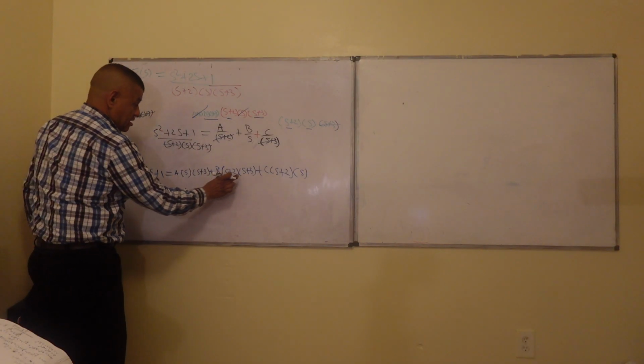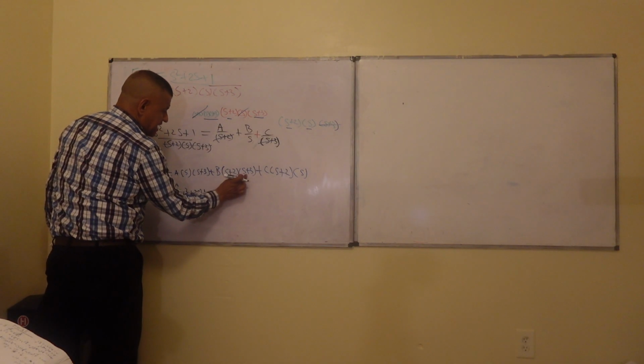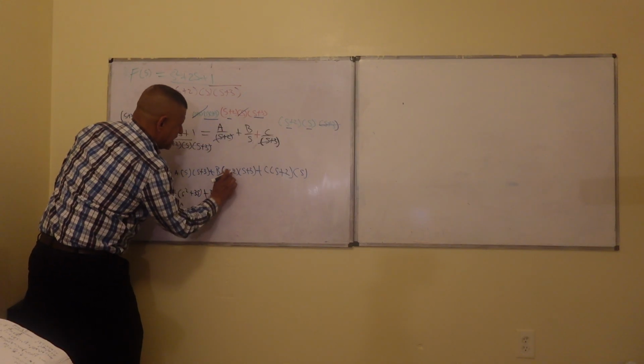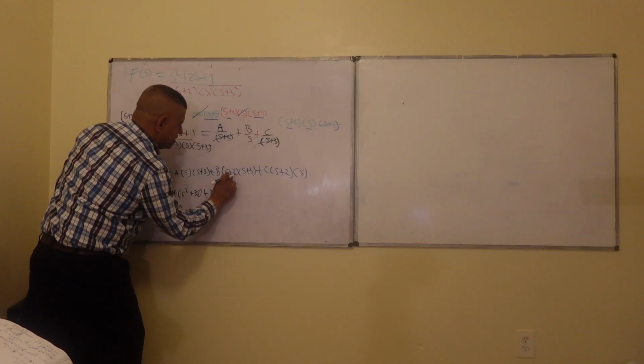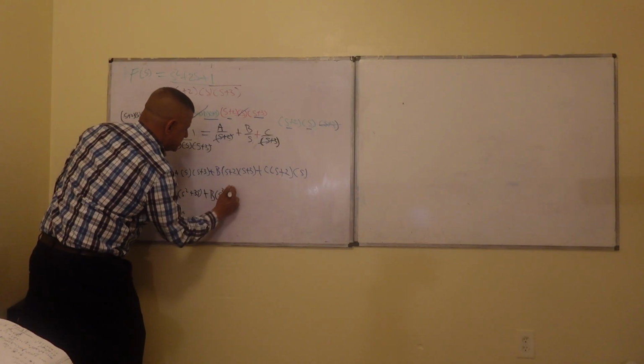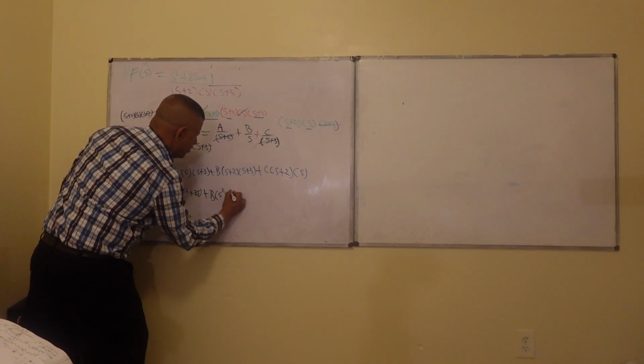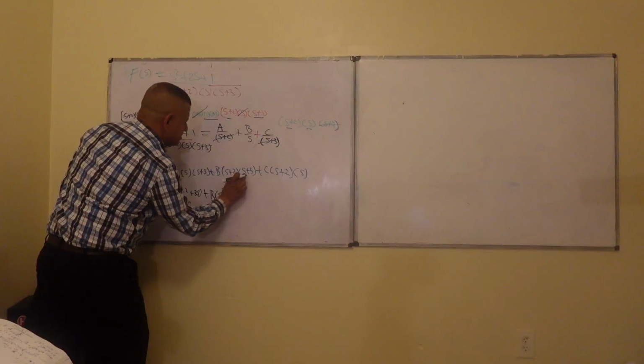Plus. Now, s times s is s squared, right? So, times b, and then s times s is s squared. And then this times this is nothing but plus 3s. This times this 2s.